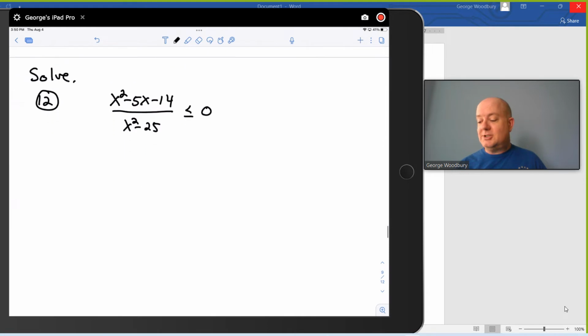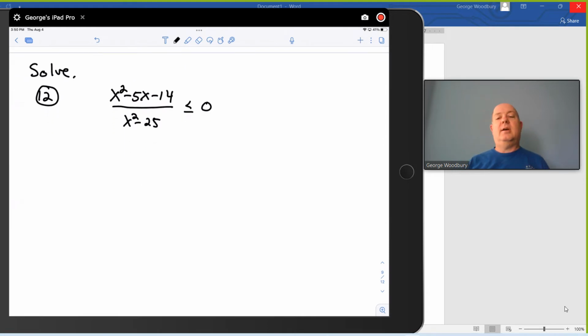Let's take it up a notch. In problem 12, the numerator and denominator are quadratic. By the way, one important thing here is that we're comparing a rational expression to 0. That means that I can start looking for my critical values right away. In the next video, we could have the same exact expression, except it might say less than or equal to 1.